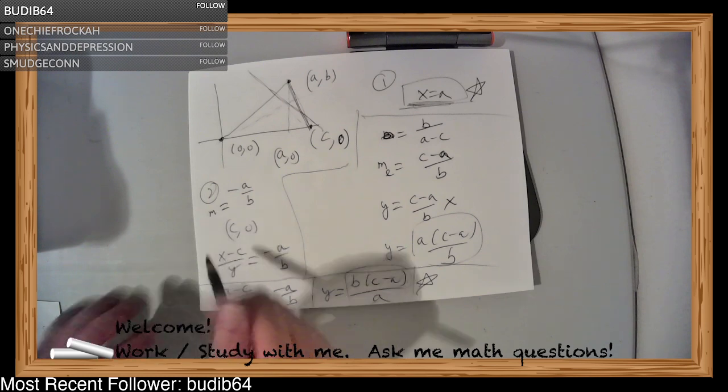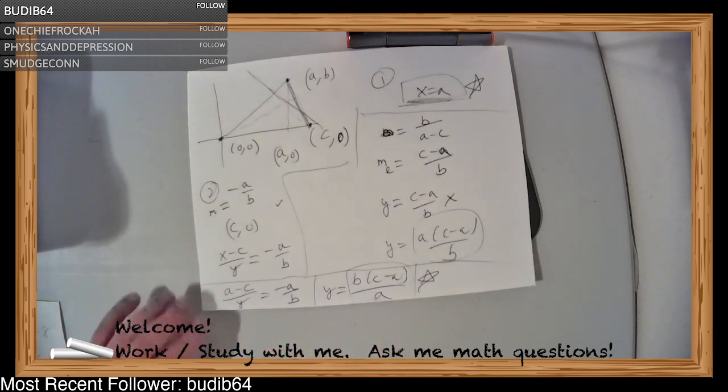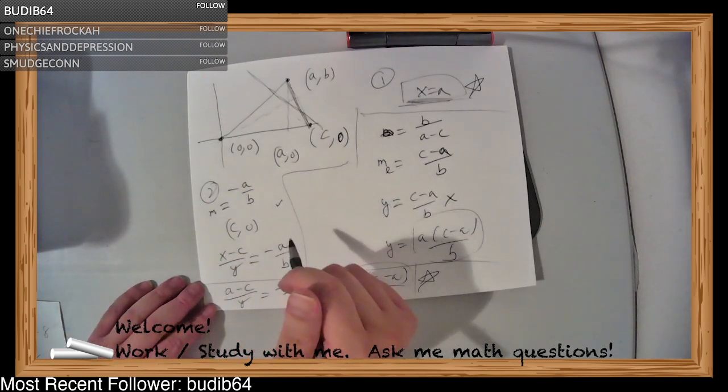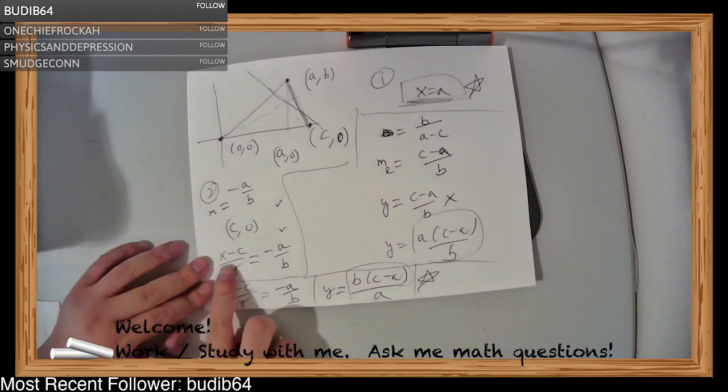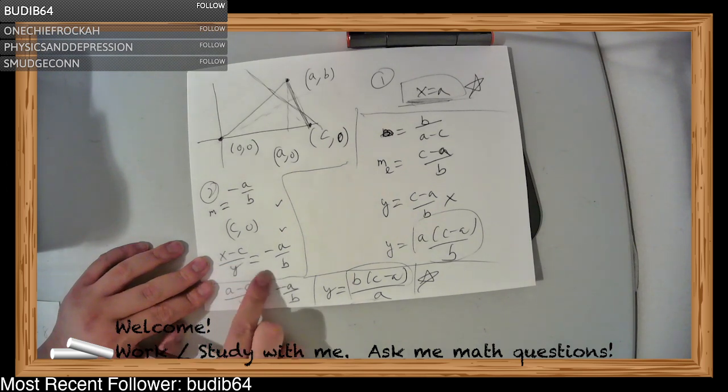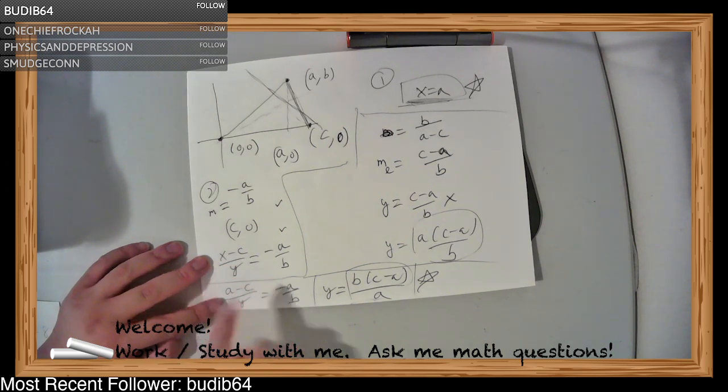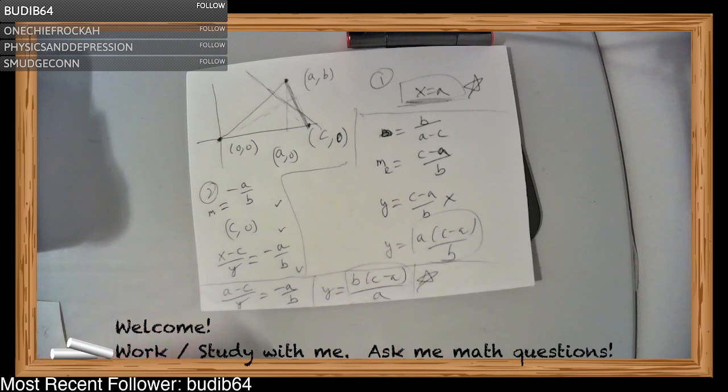Okay, so this checks. c, 0. Yeah, checks. Okay, so x minus c, y minus 0 equals negative a over b. I think that checks as the equation.